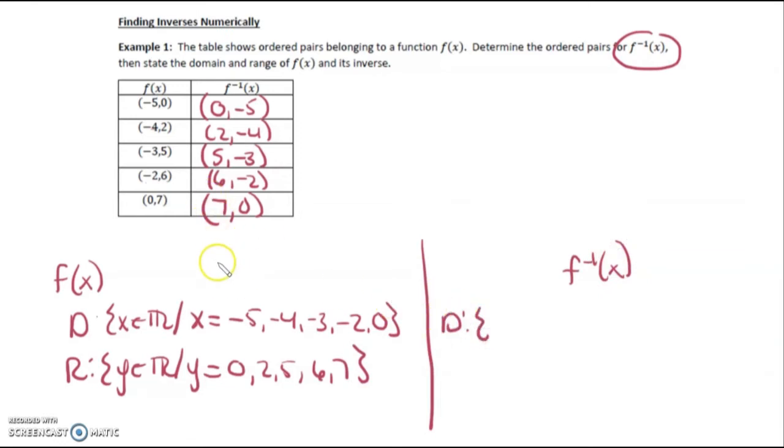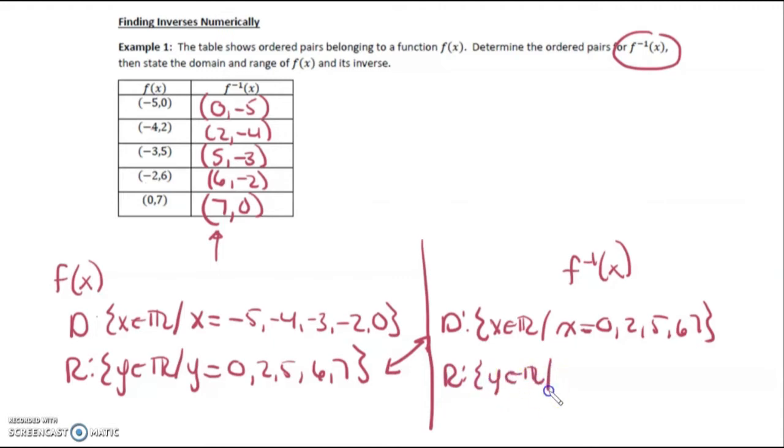If we take a look at this, the x's in the inverse, we can list them again, and we have 0, 2, 5, 6, 7. If you take a look here, these two are identical. And then for the range, it's the y values: -5, -4, -3, -2, and 0. And that's how we do it using a table of values.